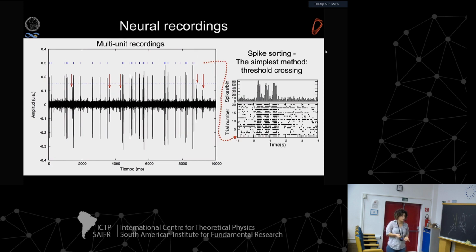And then what do you do with that? Well, then you build what we call raster plots. Each of these dots goes in this line. Here, each dot is one spike, and these are trial numbers. As you can see, here we are presenting some stimulus. The neuron is firing in a regular fashion, but here something different happens.